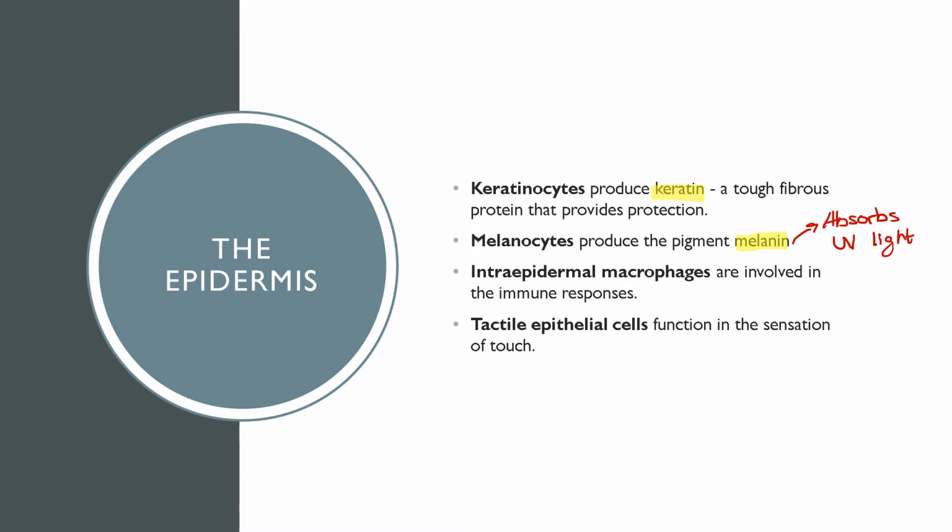Now there's this really cool thing, and this is how it actually protects your cells from UV damage. DNA within the nucleus can be really damaged by UV light, but your skin has a method to really reduce that. So I'll draw a little picture here. We have the keratinocytes here.